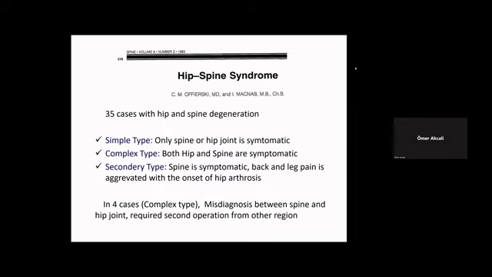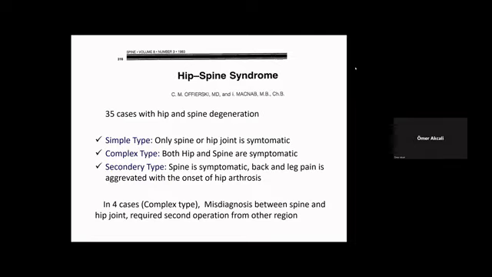If only one of the spine or hip joint is symptomatic, it is called simple hip-spine syndrome. In these patients, clinical findings and diagnosis were straightforward and belonged to only one area. The patients may have some radiological findings, but if there are no complaints, they are accepted as clinically insignificant.